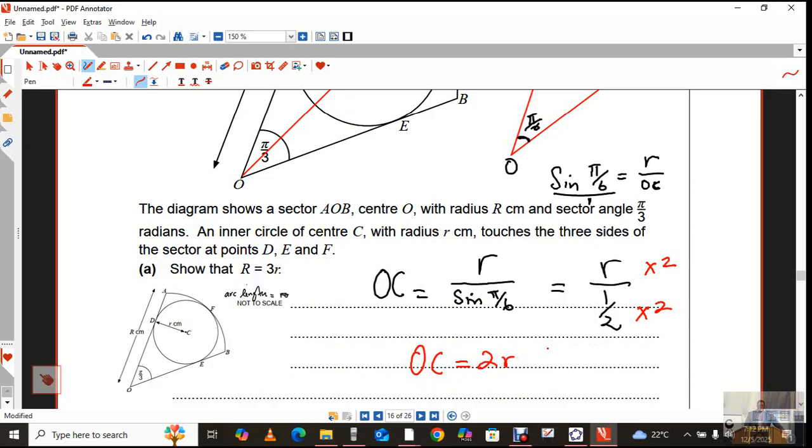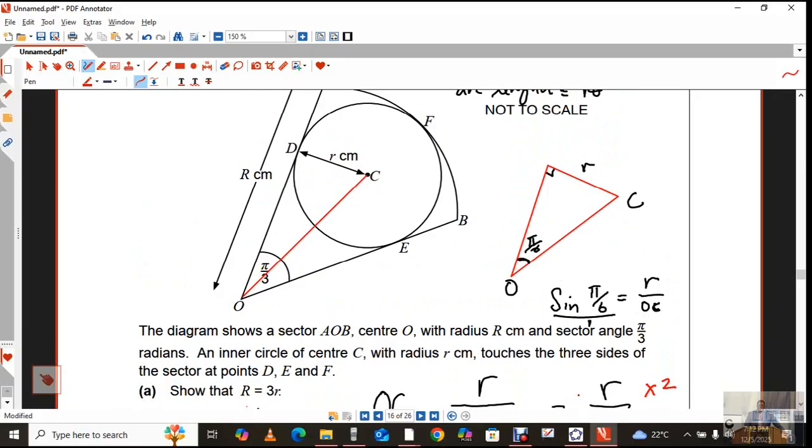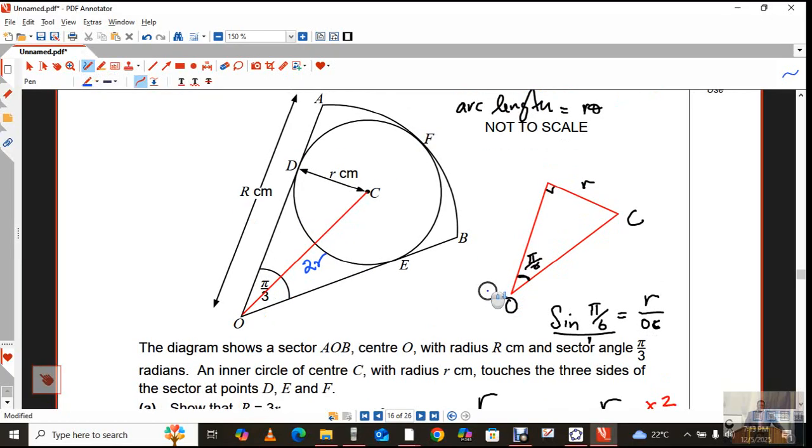Get it? Okay? So, if this distance here, I'm going to write it in blue, is 2R, then I want you to consider another distance, and that is the distance from here to F. That distance is R as well because it's a radius. So then O to F, can you see that?